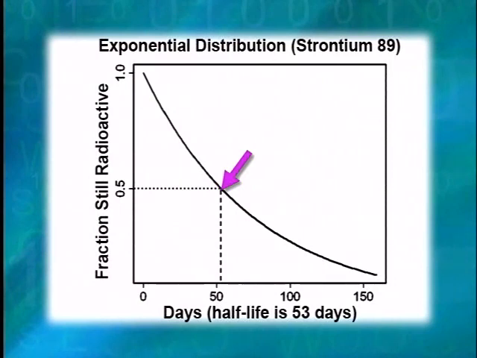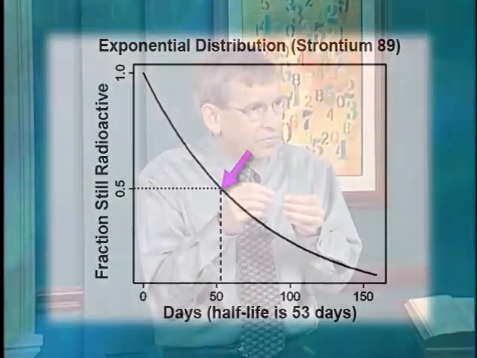And an individual atom, see, has no memory. Its probability of becoming non-radioactive in the next 53 days is 50%, but if it's made it through 100 days already without turning non-radioactive, it doesn't have any memory about that, its probability is still 50% that in the next 53 days it's going to decay.